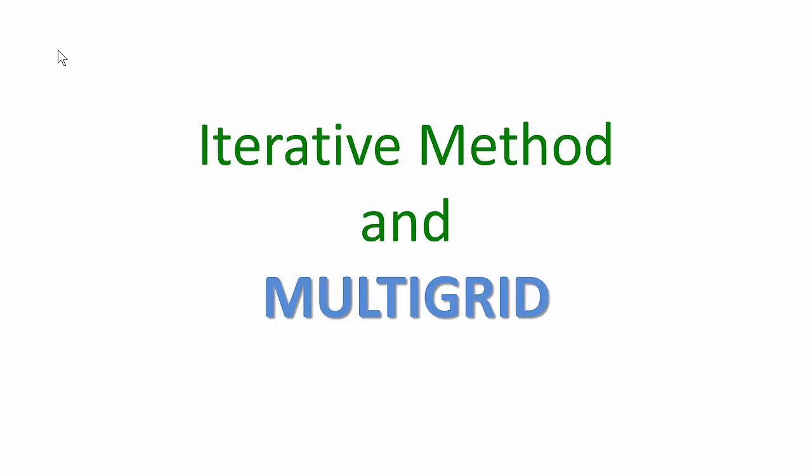We are going to take advantage of the fact that after many iterations, the solution error, which is defined as the difference between the exact solution of the linear system and the iterative solution at iteration k, is very smooth when k is large.